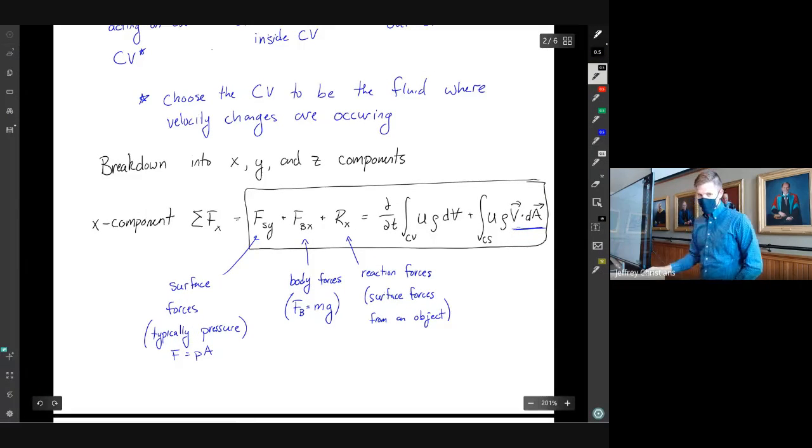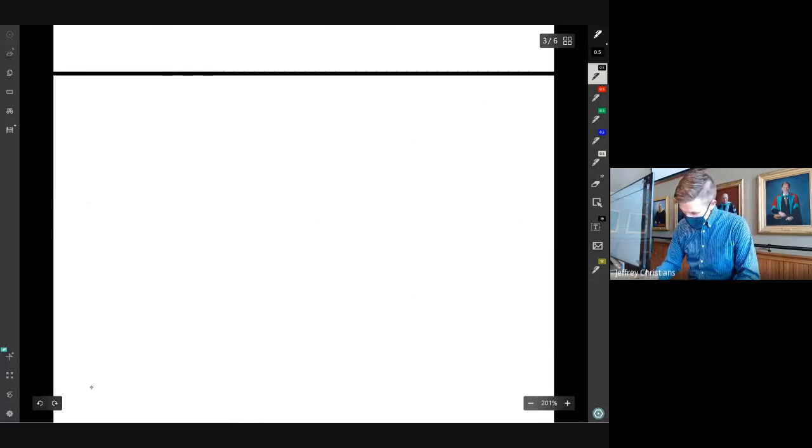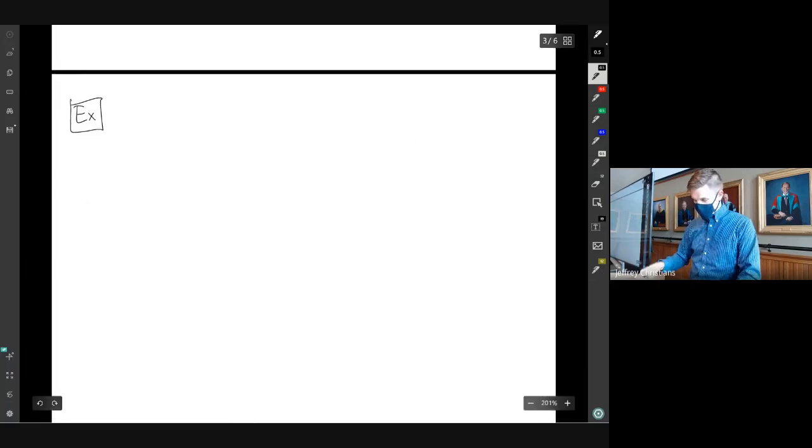You're using the jet pointed down to create a force that's pushing you up. So let's look at that a little bit in detail. So here's our example.